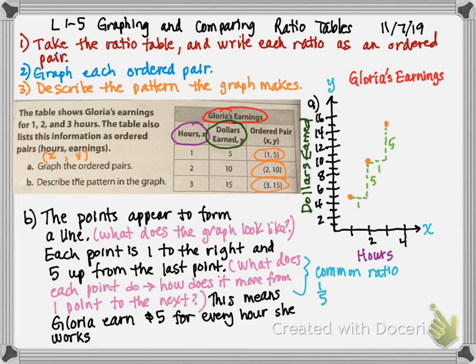You could also say, this means for every hour Gloria works, she earns $5. And then the numbers are 1 to 5. So whatever you want to do here. So basically, at this point, this is when you explain the ratio. What do the numbers 1 and 5 mean? Now, this totally makes sense that this forms a line because she gets paid the same amount of money for every hour that she works.